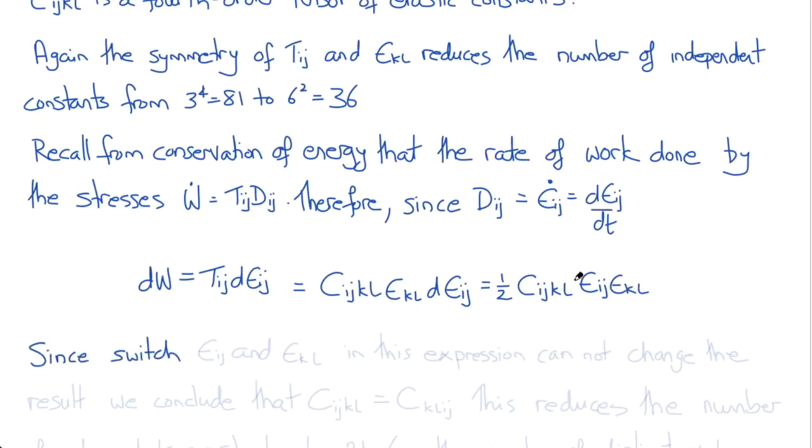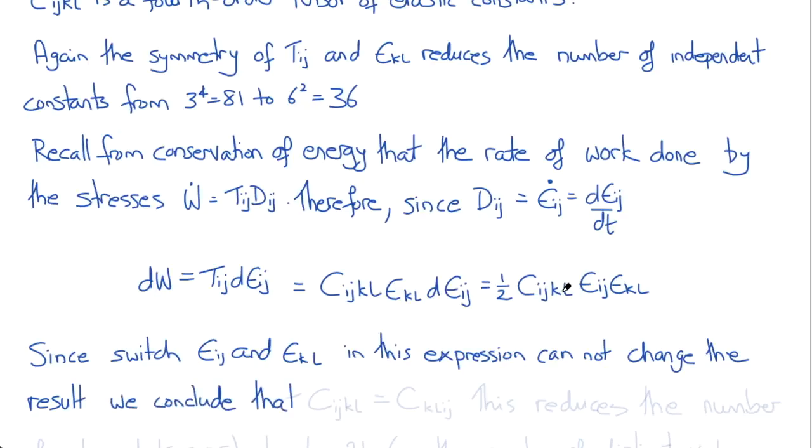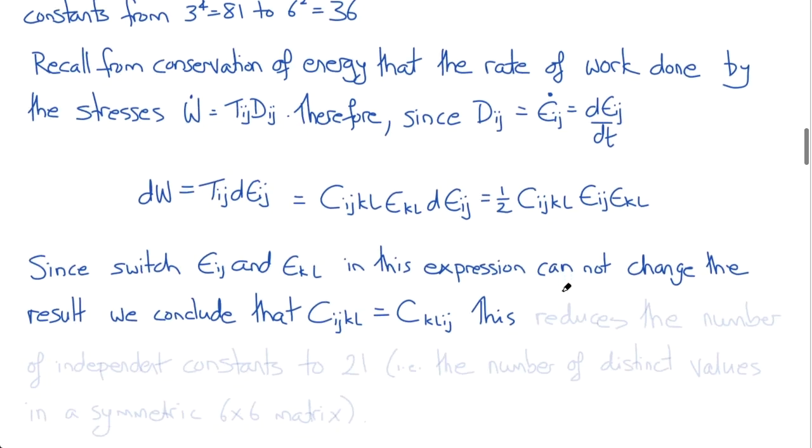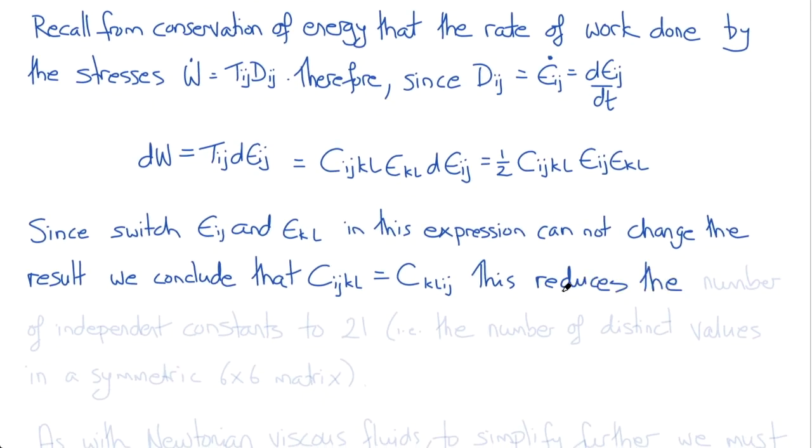Now we see that this expression would be the same if we switched the order of epsilon ij here and epsilon kl here, which means that we should be able to switch the order of ij here and kl here in this expression. And that leads us to the conclusion that Cijkl equals Cklij. So this additional symmetry further reduces the number of independent constants from 36 to 21.